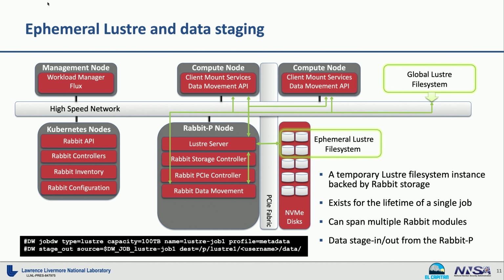So for us, this will be new. We've had Lustre file systems for as long as there have been Lustre file systems, but they've been central file systems that are typically globally mounted. And now what we'll have are these file systems that are generated on the fly. One or more targets will be created on each Rabbit that a user asks for when they ask for that storage to be in the form of a Lustre file system.